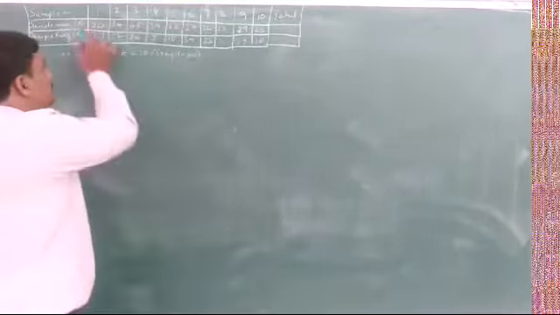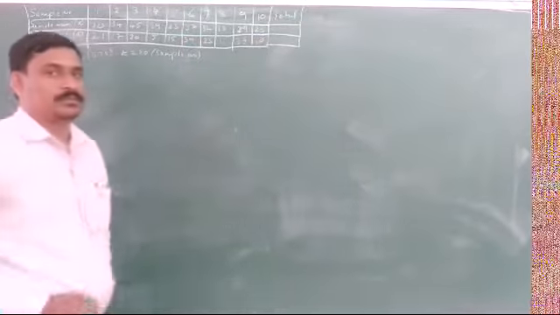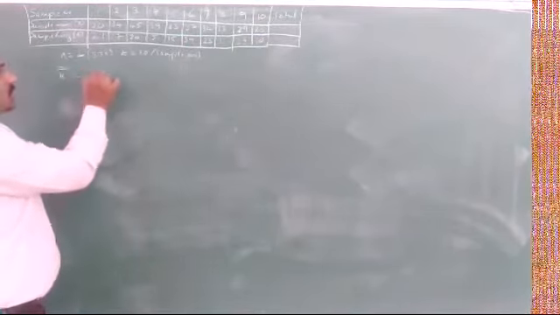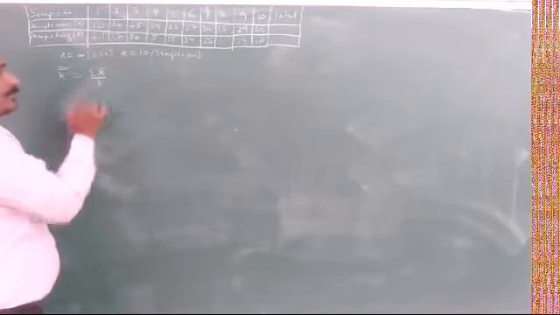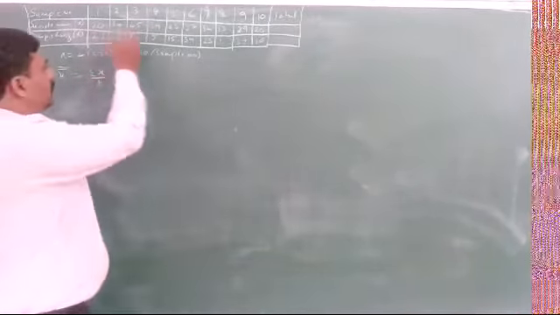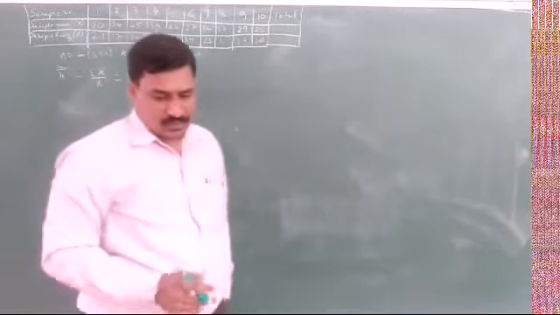Okay. So first we need to calculate what here? X double bar. Why X double bar? Because X bar values are given here. X double bar is equal to summation of X bar divided by K. The summation of X bar comes to 300.